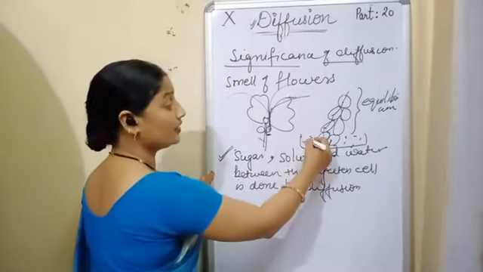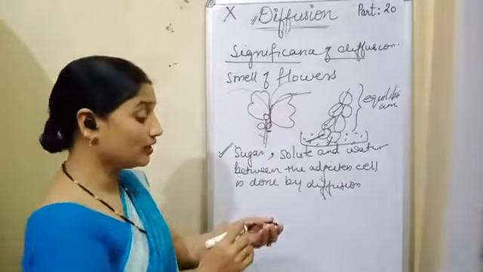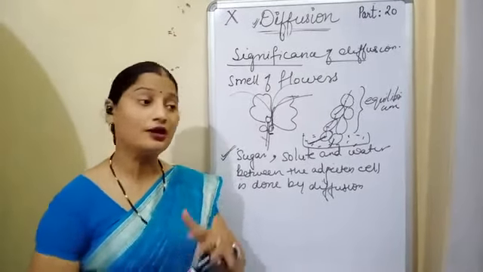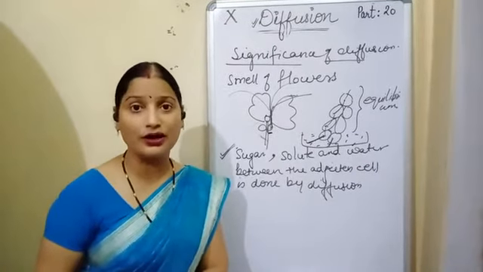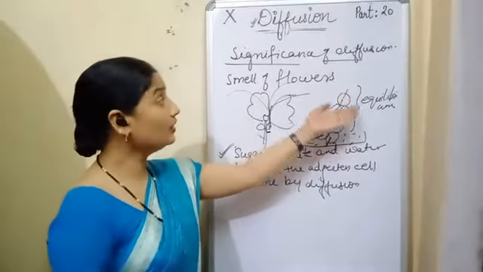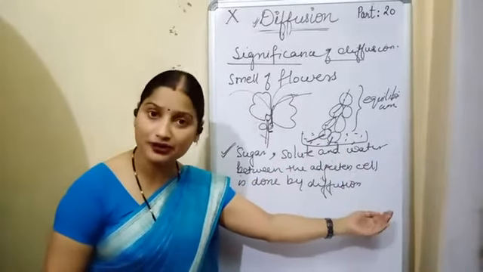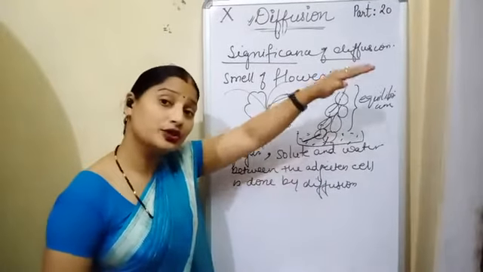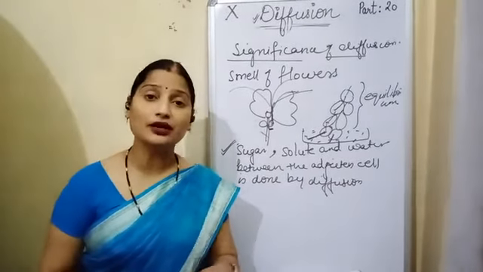Till then the movement of the molecules will continue. This is called diffusion, the movement of molecules from the region of higher concentration to the region of lower concentration. All this process helps in the movement of water, minerals, molecules from the soil to the roots. Clear? Now our next topic will be osmosis.